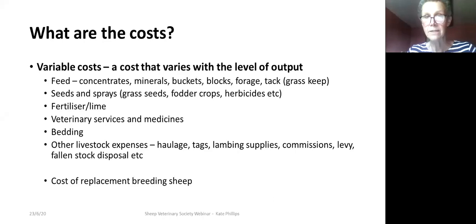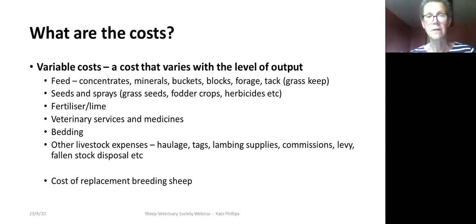Veterinary services and medicines. I've emphasised the medicines because sometimes farmers might put their medicines bought from the ag supplier in a sundries box, whereas to actually get a proper estimate of veterinary costs, we need the vet services themselves, we need the cost of medicines bought from you, and we also need the cost of medicines bought elsewhere.